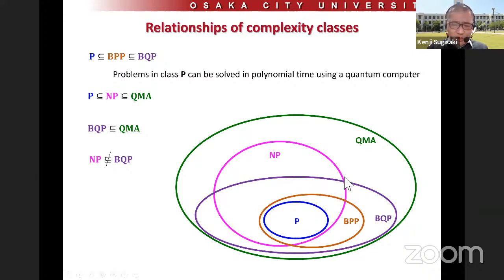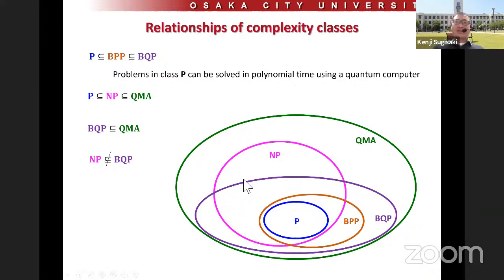But some problems in NP cannot be solved in polynomial time, even by a quantum computer, because the problems that can be solved on a quantum computer in polynomial time define the class BQP. So problems in this area cannot be solved on a quantum computer in polynomial time. So you can easily imagine that this area includes some NP-complete problems.